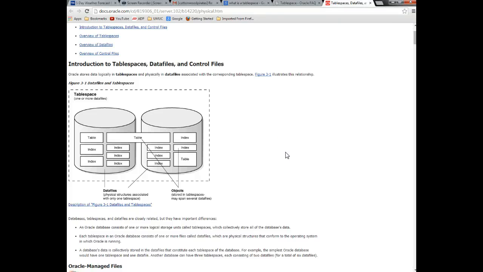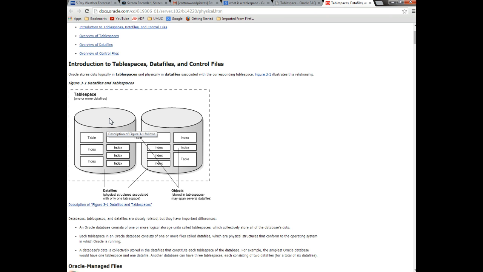So your text talks about, and not very well, some terms like tablespace and index and some other various terms. So a tablespace is effectively a location that holds data files.